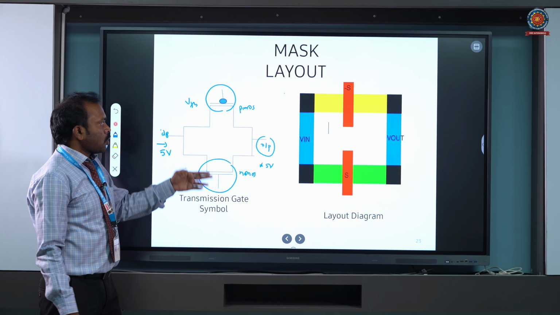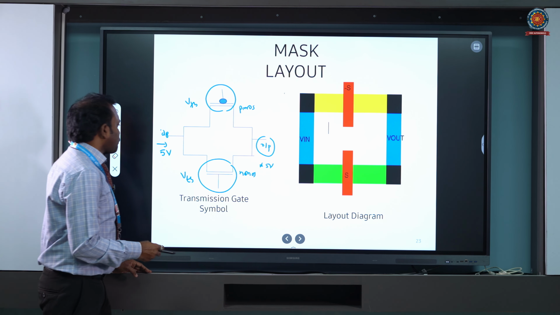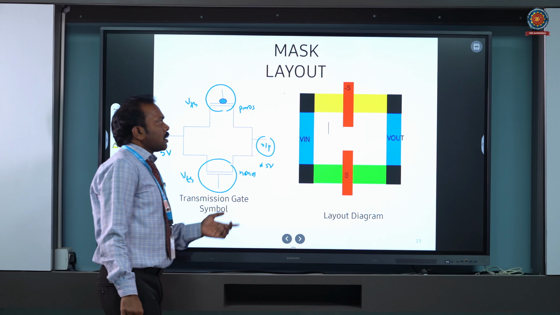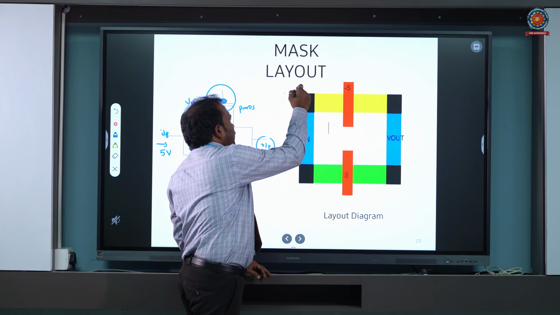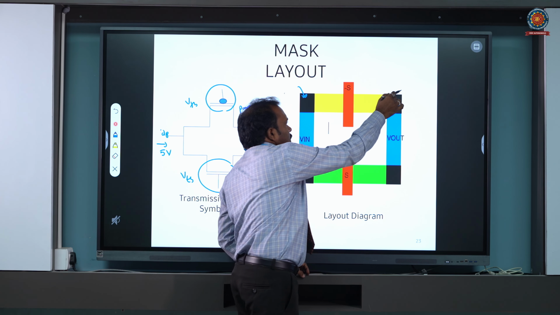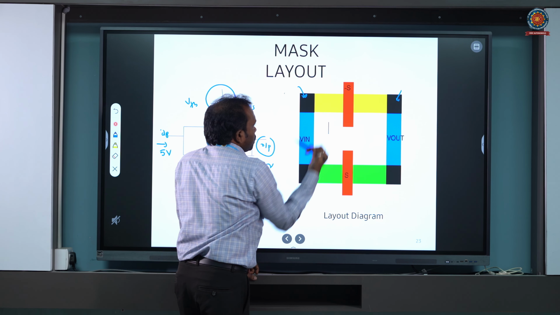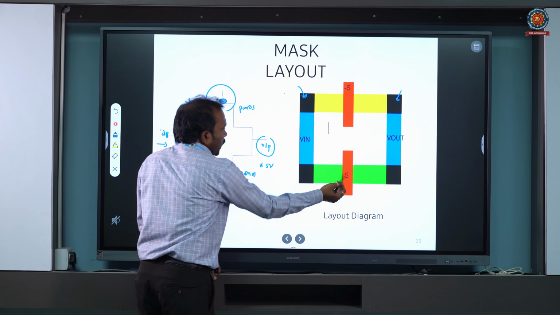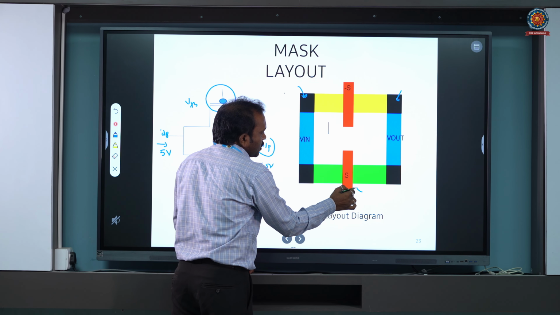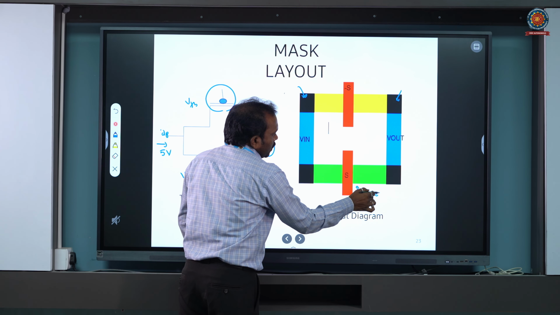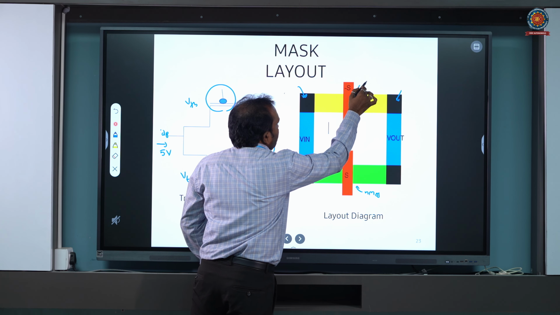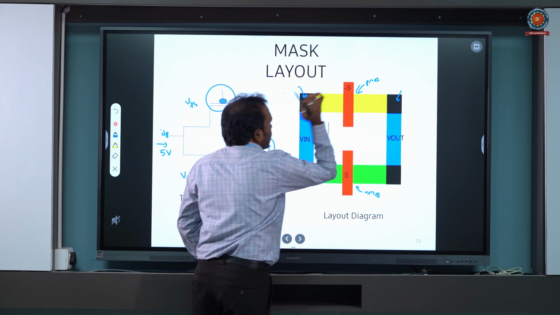Now this is how we draw the layout diagram of this. The layout diagram is similar: the black color represents the contacts. Red over yellow and red over green will form your NMOS transistor, and this will form your PMOS transistor.